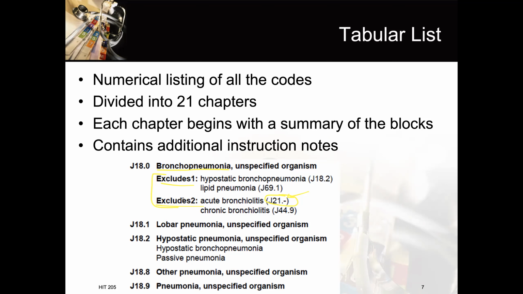In order to understand the terminology being used, you have to refer back to those coding conventions and guidelines. And even if the code provided in the alphabetic index appears to be a complete code, you still must go to the tabular list. I can't say that enough. Never code from the index. Always go to the tabular list.